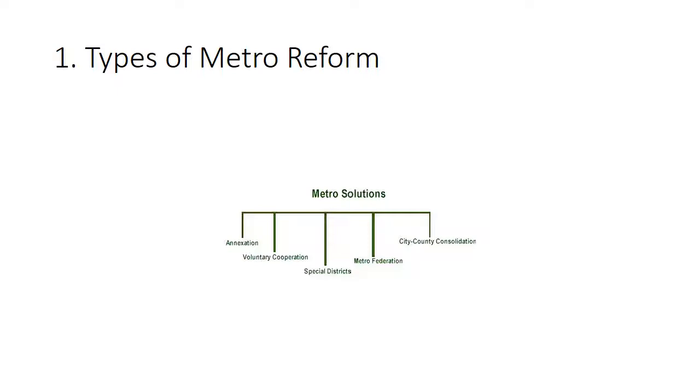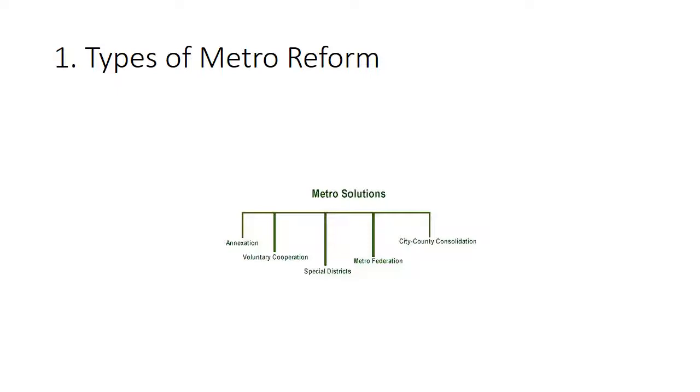That's the main kind of metropolitan change in government, where you create a special government just for one function, but it includes a large area, usually surrounding a big city like Chicago.